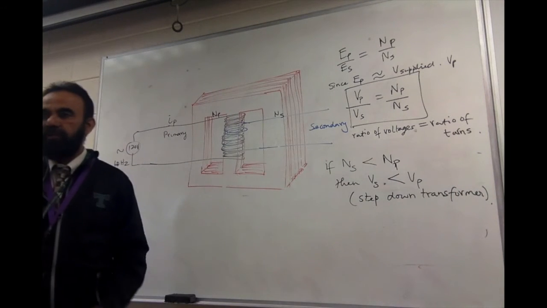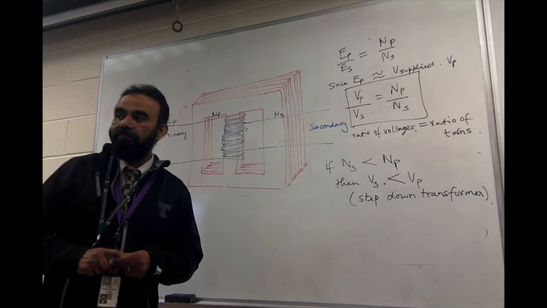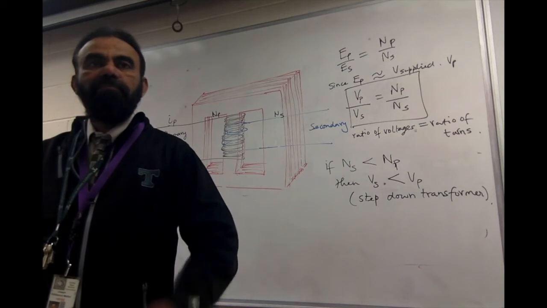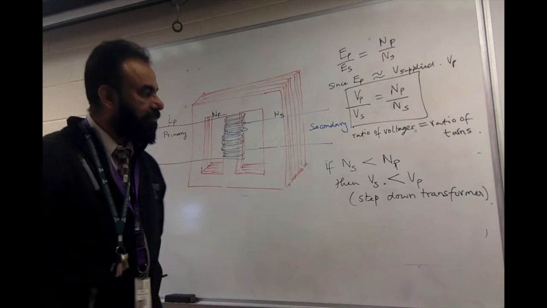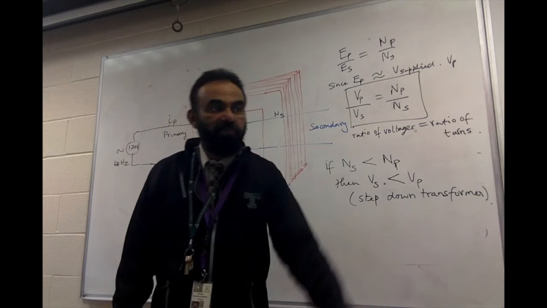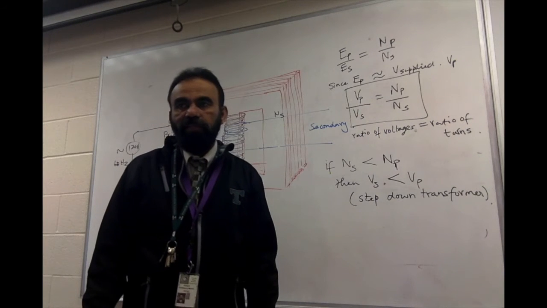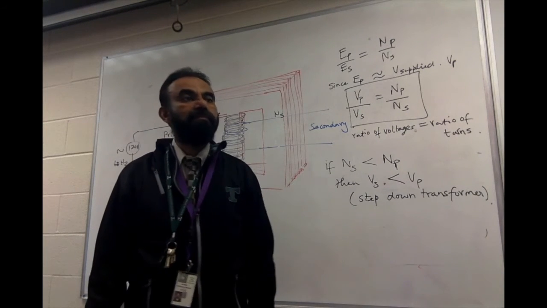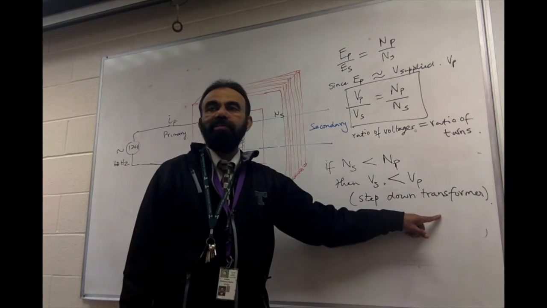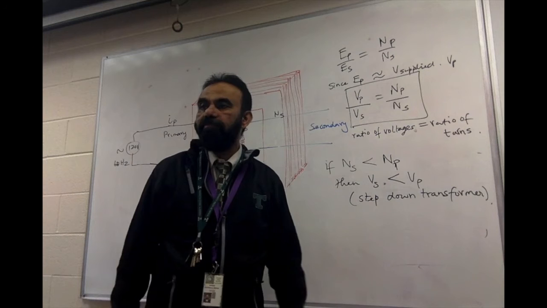Anyone to tell me why it's called step down? Step down. Less voltage. To charge your cell phones, you need only 3.6 volts. But what's coming out from there is 120. Step down. So you step it down, and then you can use it for your purpose.